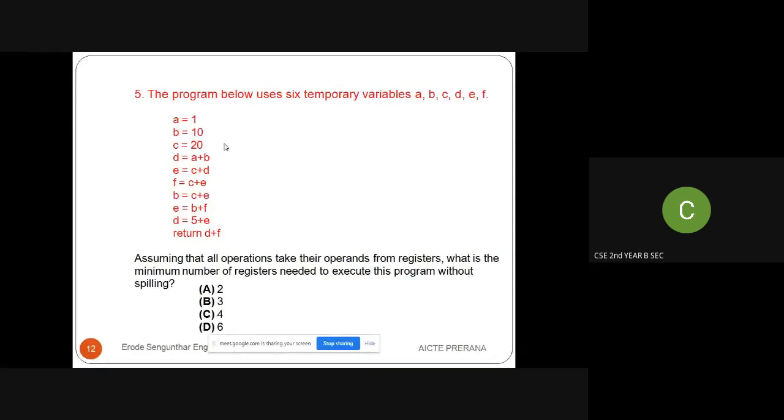After that, D value will be processed, E value processed, then F, B, D, E, and the sequence will go on. So we are not in need of any extra registers. We already have three registers, so the repeated values will be updated in this set of three registers only. So the minimum number of registers used for this execution of the program is 3 registers. The 6 registers is what Saubernika told.